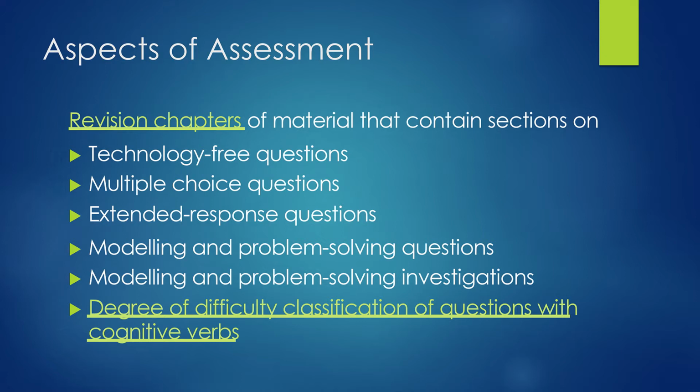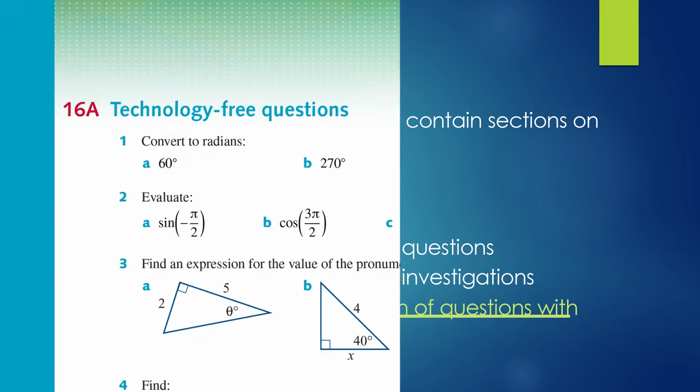And by the way, at the bottom there, I've also mentioned that not only is there degree of difficulty mentioned, they've also got degree of difficulty tests with the cognitive verbs included. Now that I think is pretty clever. Let me show you by illustrating those. So let's look at the chapter revision first.